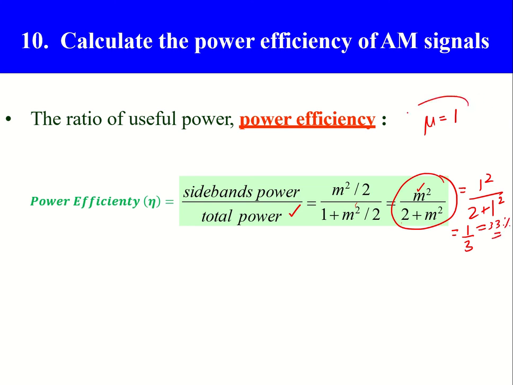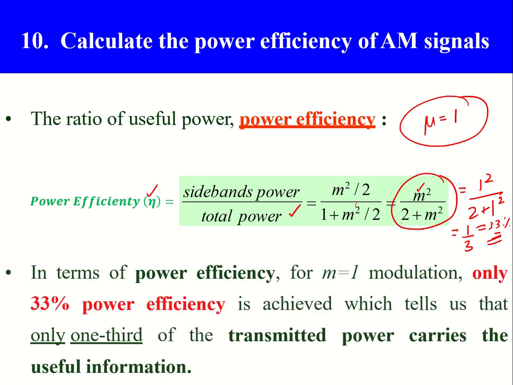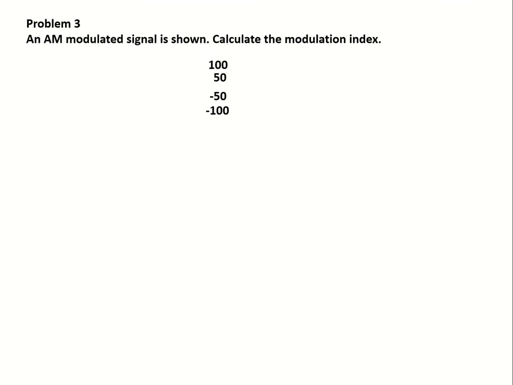So even for perfect modulation, 100% modulation, your power efficiency is 33%. This is basically the disadvantage of the double sideband. We will see later on how we can compensate for this. So we can compute the power efficiency using this formula, and there are examples which we will solve in the live session.